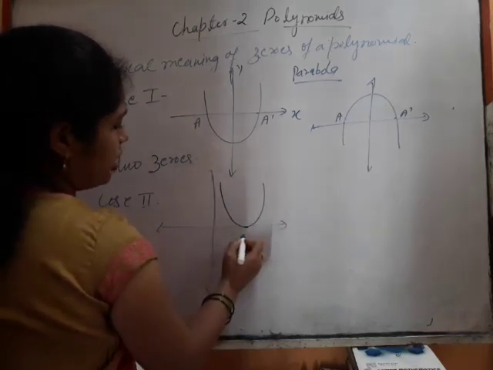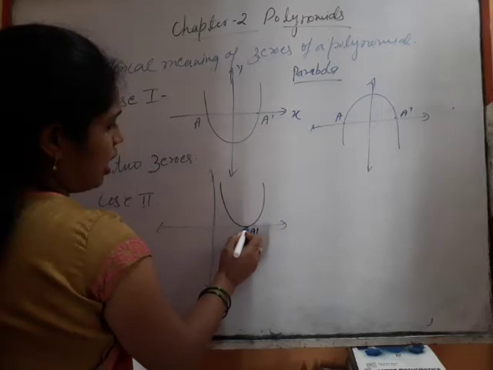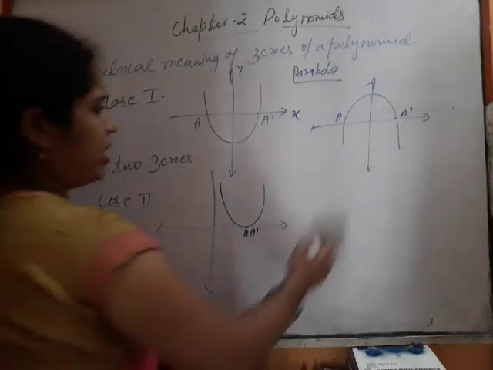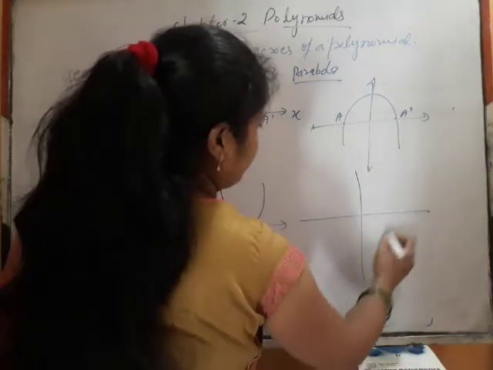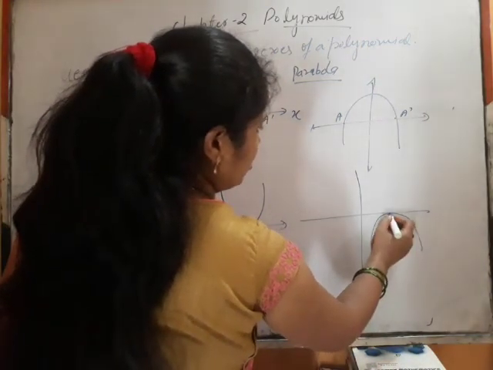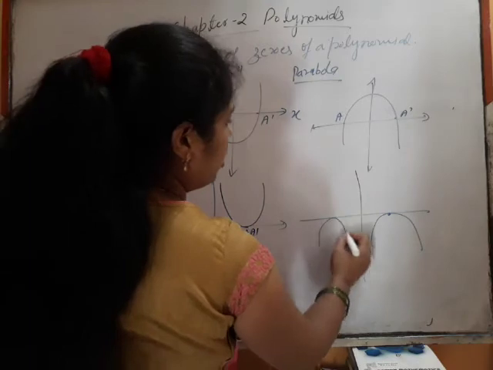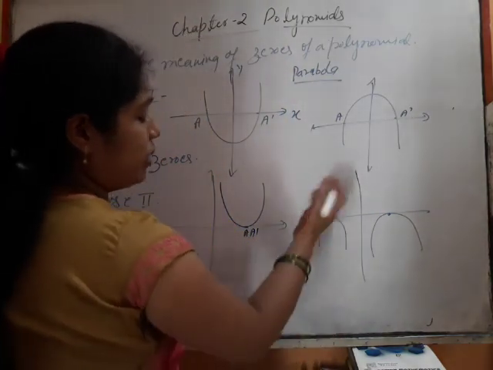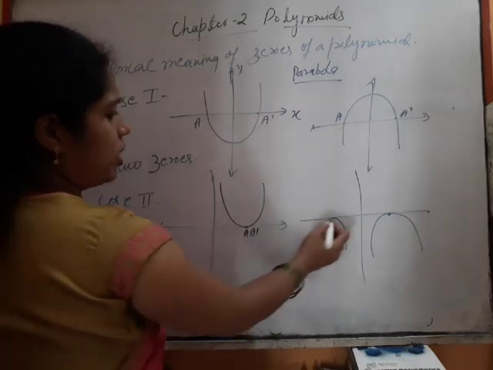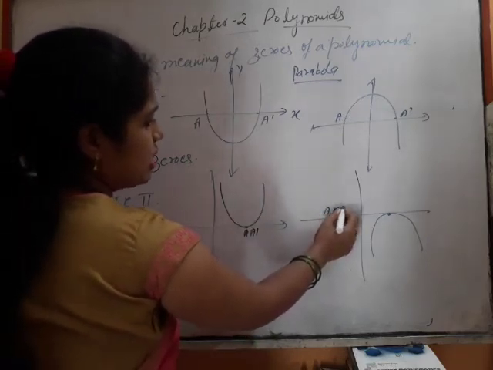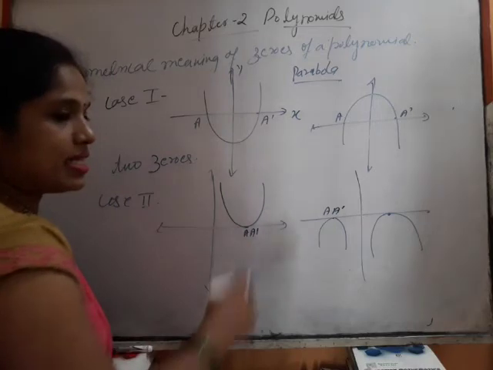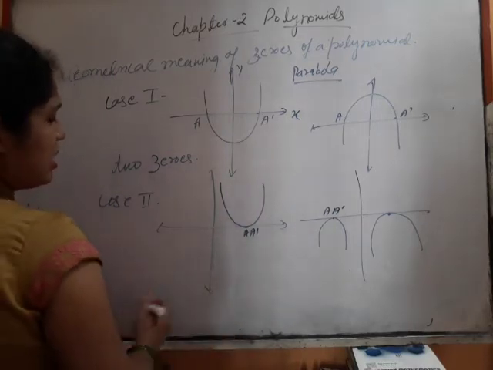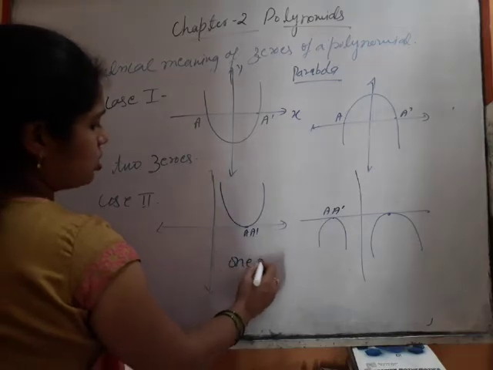That means both the points A and A dash are lying on the same point, in this way or in this way. Suppose here or here also you can get, it doesn't matter, anywhere, whether the parabola is downward or upward. That means both the points are on the same point. Both the values are same.